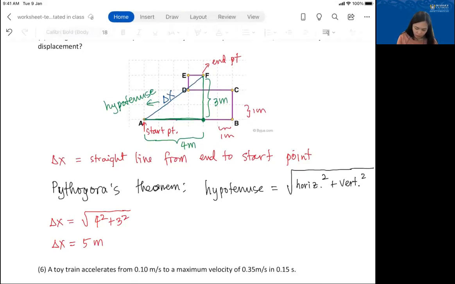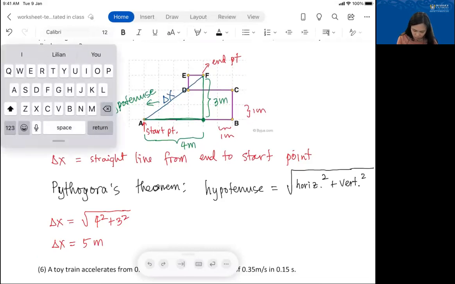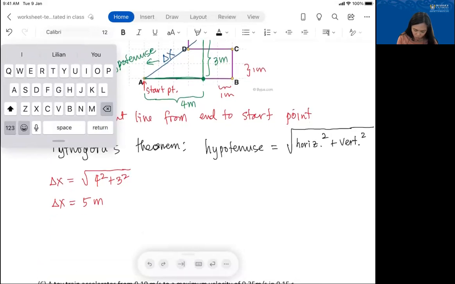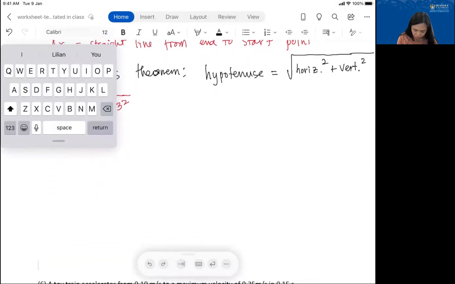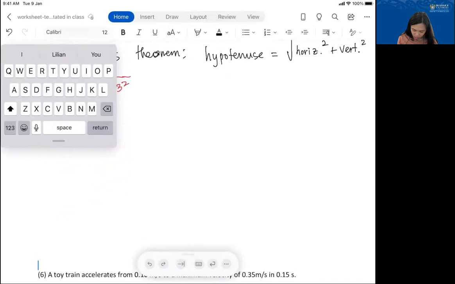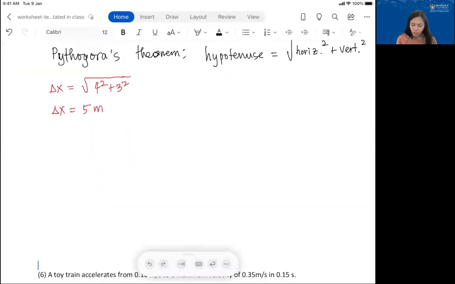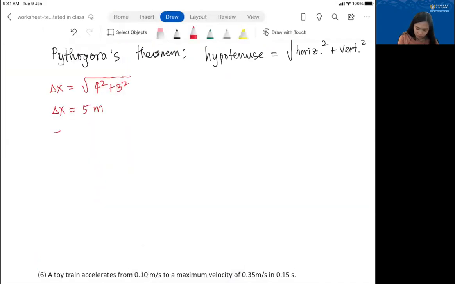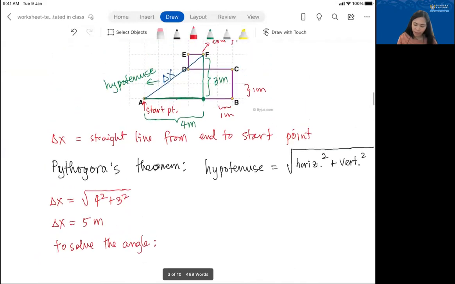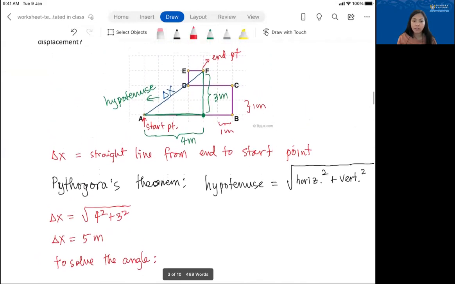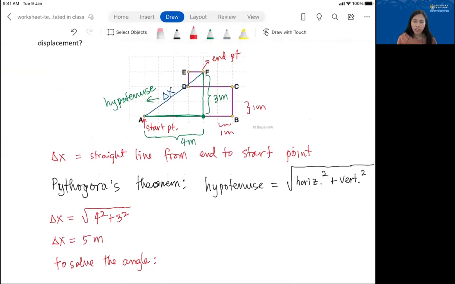Right. And I'll put some more space to solve for the angle. Okay. So to solve the angle, why do we want to solve the angle? Because displacement is a vector quantity, so you need to indicate the direction as well.